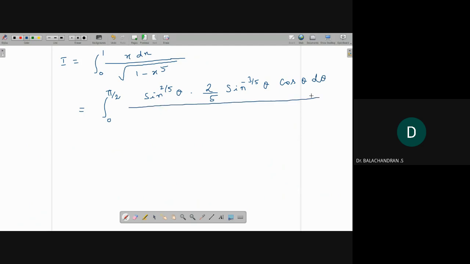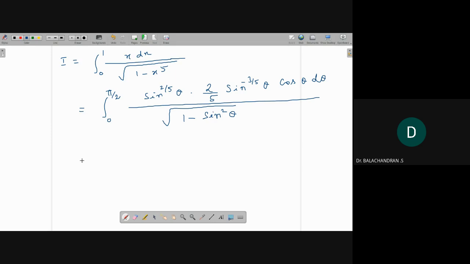The denominator, you have root of 1 minus x power 5. The substitution is sine square theta, so this is actually cos square theta under the root, cos theta. So cos theta gets cancelled.